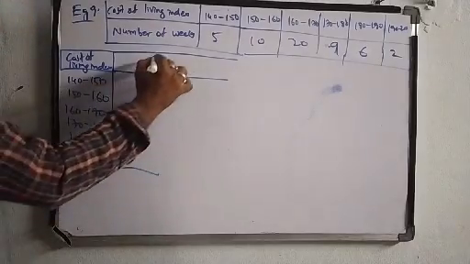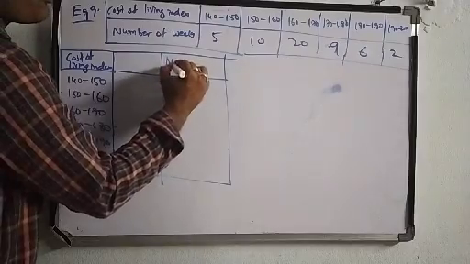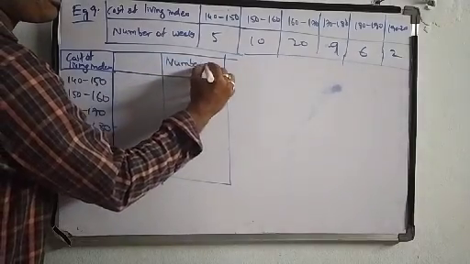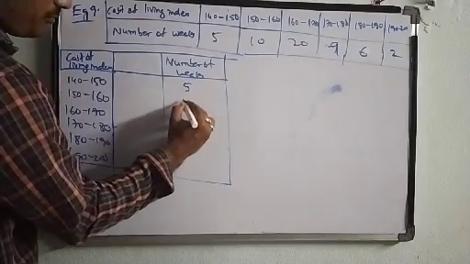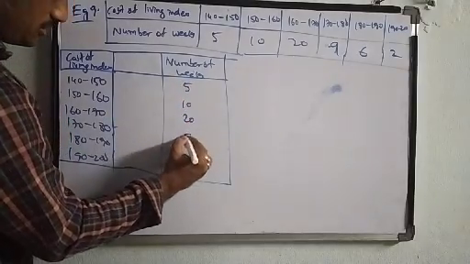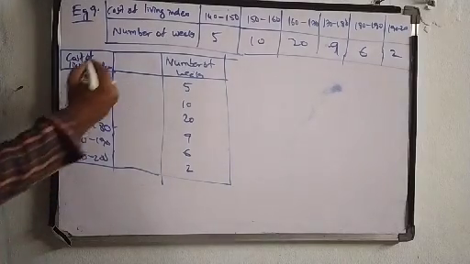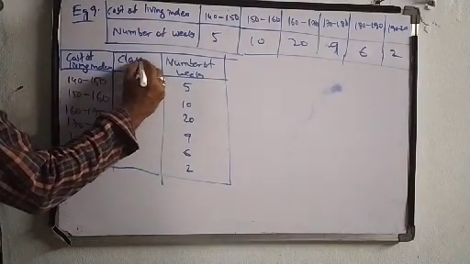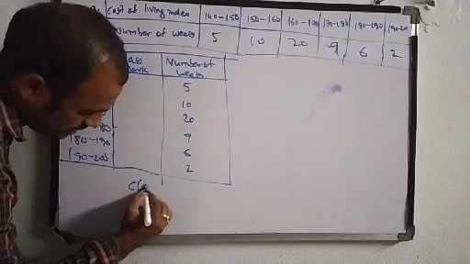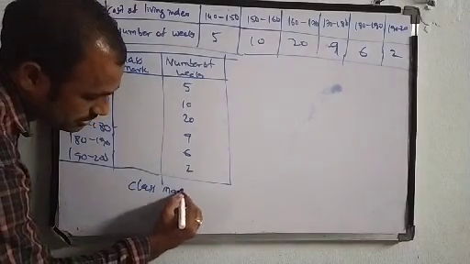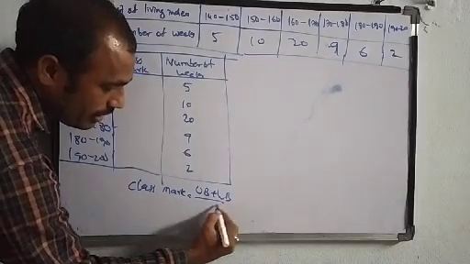Next, number of weeks are given, so we are going to write at last number of weeks, which are 5, 10, 20, 9, 6, 2. In the middle we are going to write the class mark. How we get this class mark: upper boundary plus lower boundary divided by 2.